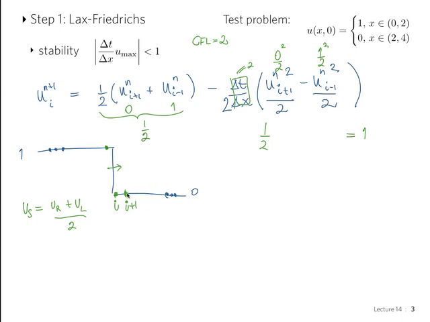And then the next point is going to be in the same situation, where there's just a precise cancellation of terms such that that point jumps from velocity equal to 0 to having velocity equal to 1, whereas every other point suffers no change. You see? So this is just a complete coincidence of cancellation of terms that happens for this very particular test problem with CFL equal to 2. It's just not general at all.